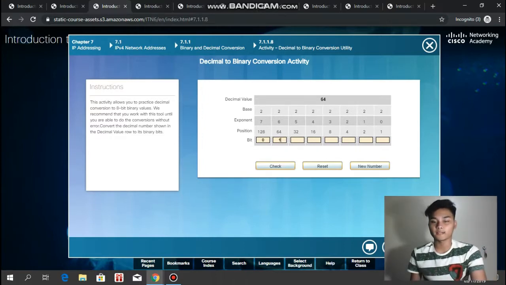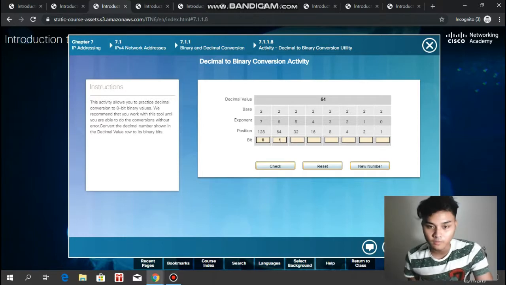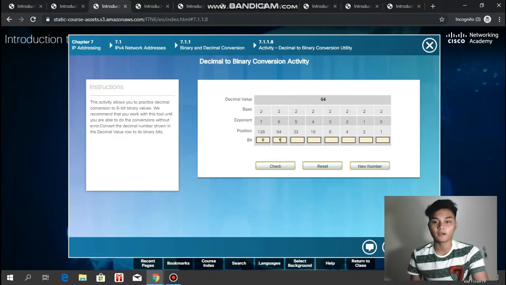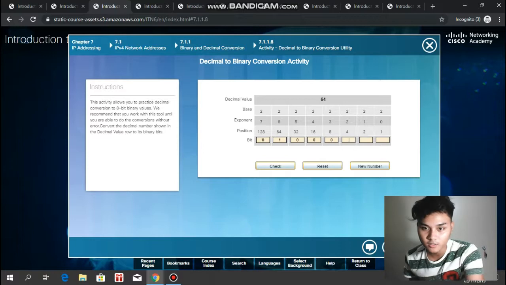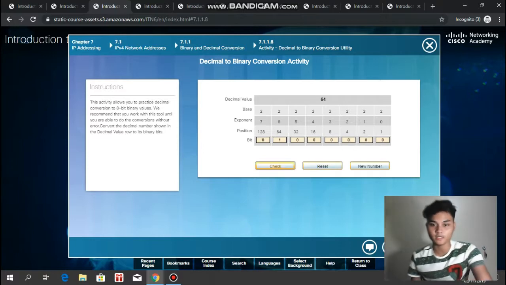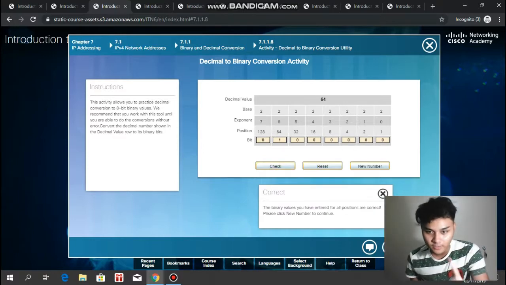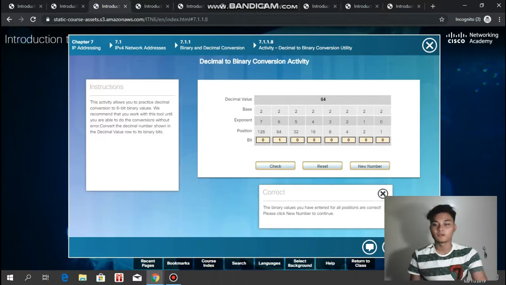You cannot subtract further because 64 is equal to 64, there is no remainder. So it is 0, 0, 0, 0, 0, 0. So let's check. So the binary value is correct. So let's try again with a new number.